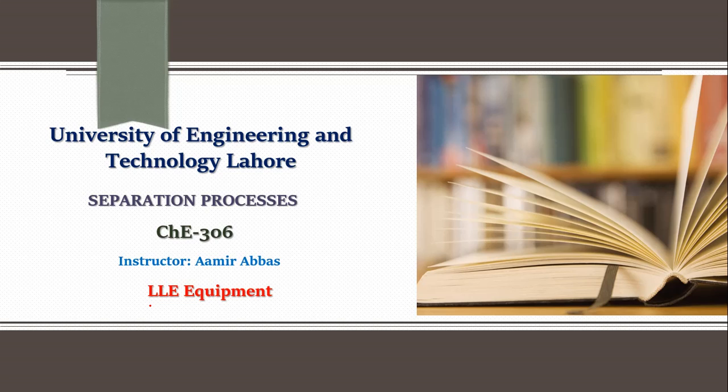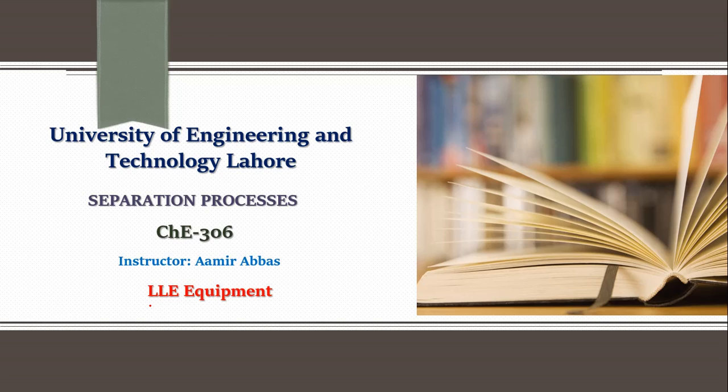So out of those there was one called mixer settler. That was a dynamic device that was agitated, there was a shaft and there was some impeller or agitator connected to that shaft for creating agitation.